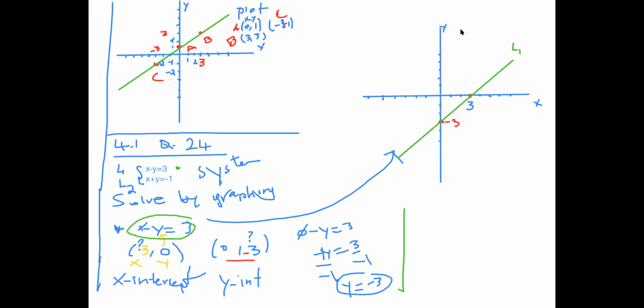So let's write down this equation, x plus y equals negative 1. Same thing, we want to start with 2 empty sets, or incomplete pairs.